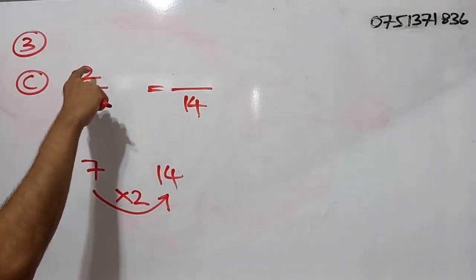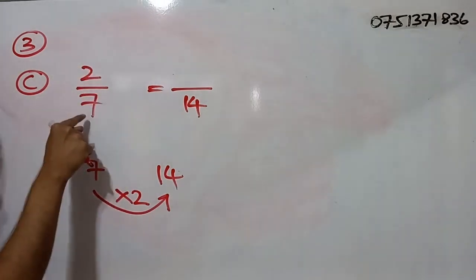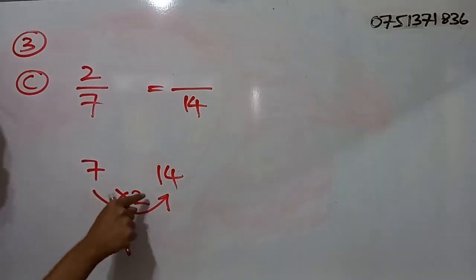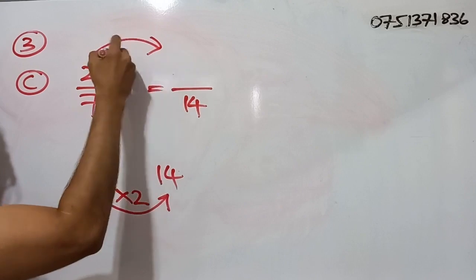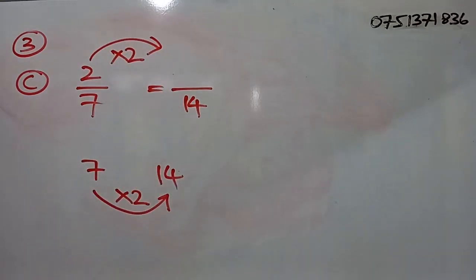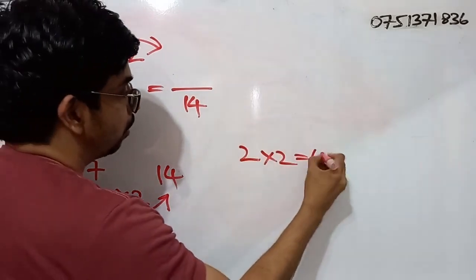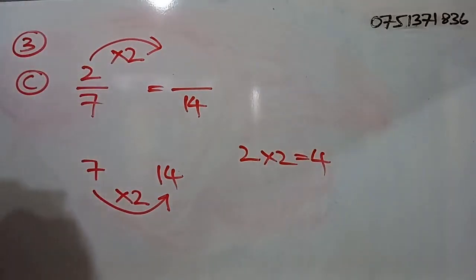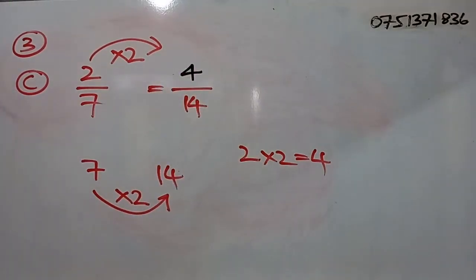Now, these are fractions, right? Since we are multiplying the denominator by a 2, that means definitely we have to multiply the numerator by a 2 as well. So we know 2 into 2, what is that? 4. So here the numerator will be 4.